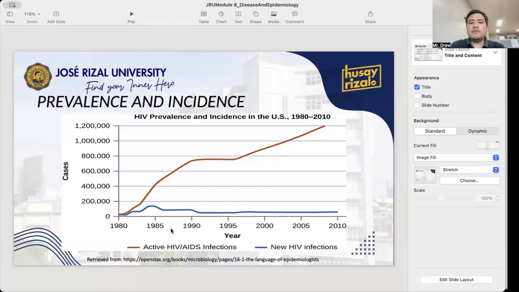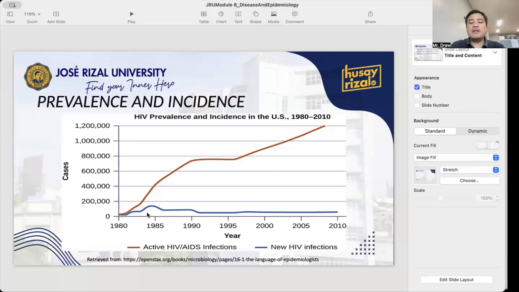I think I've shared with you before the reason why this line keeps on going up and is not going down, because once you get HIV, it will be there forever until you die. So at the moment, we still don't have any cure for HIV.